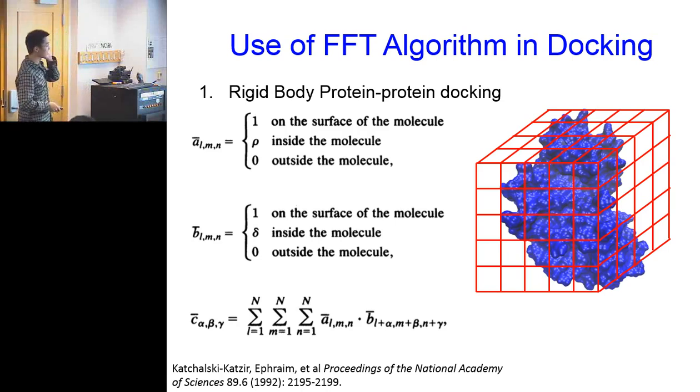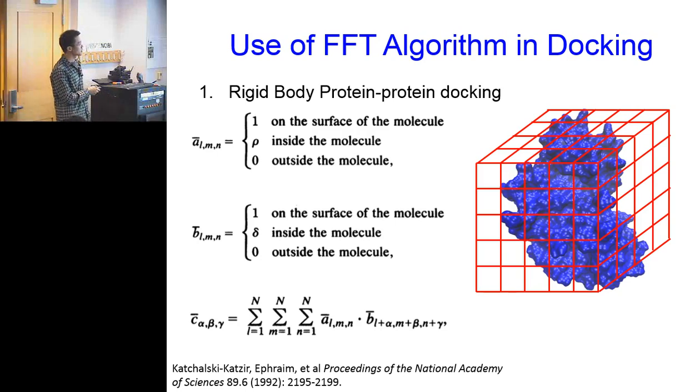So what they did is they make a grid. So for protein A, you have a 3-dimensional vector A. The value of the vector at each point is like, when you have this protein, you make a grid around the protein. Okay? So at each grid point, you assign a value to it.